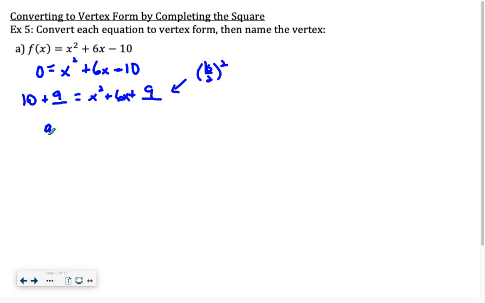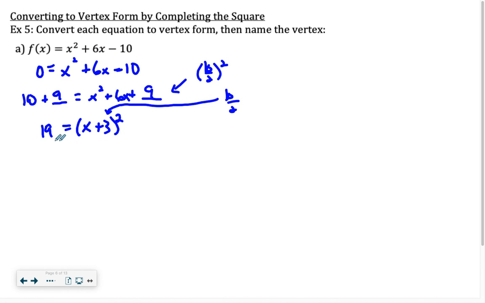The reason that I do that is this becomes a perfect square. This will factor into x plus 3 times x plus 3, or x plus 3 squared. We could factor this and see that, but the shortcut, if you remember from completing the square before, is that this value right here is just b over 2.